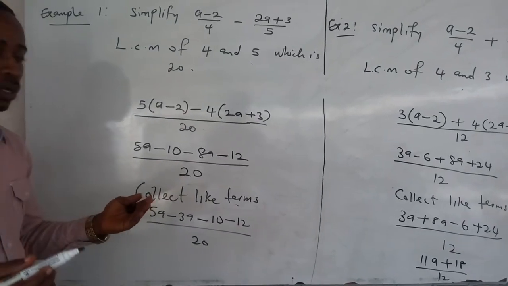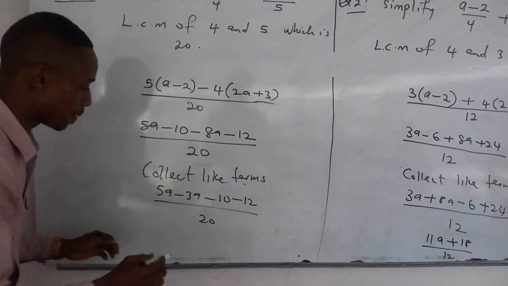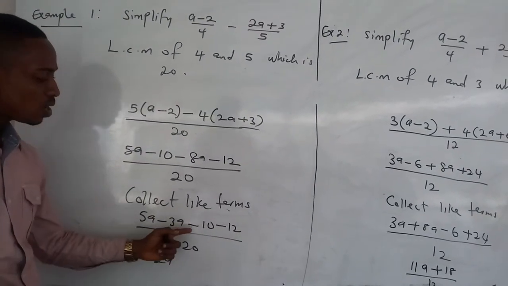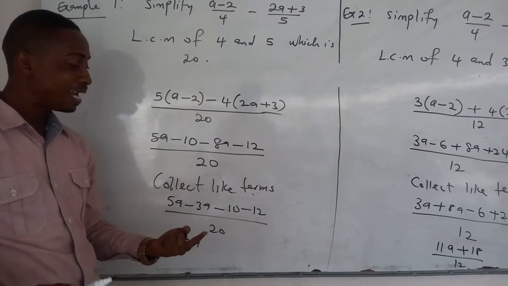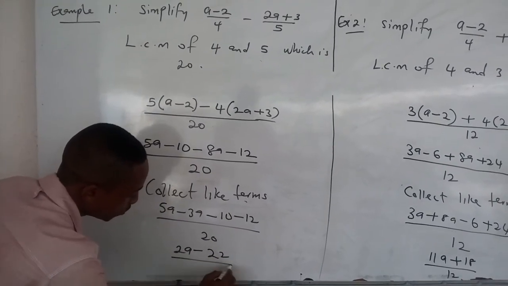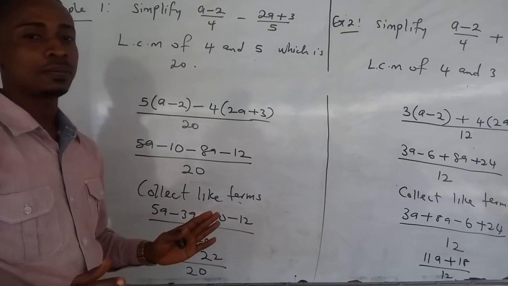Now, let me ask you, 5a minus 8a gives us minus 3a. And as well, minus 10 minus 12. What do we have? We have minus 22 over 20, which is our final answer.